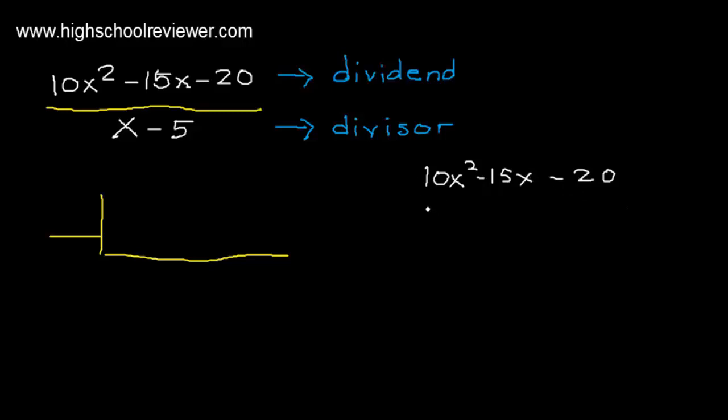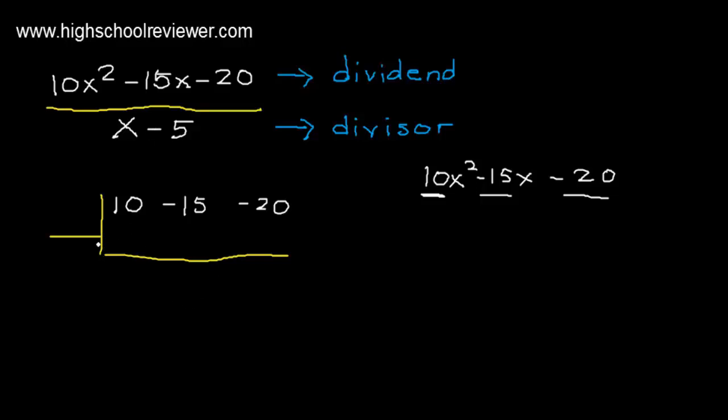Then we take the numerical coefficients. For 10x squared, the coefficient is positive 10. This is followed by negative 15. And the constant is negative 20. So we put negative 20 here.